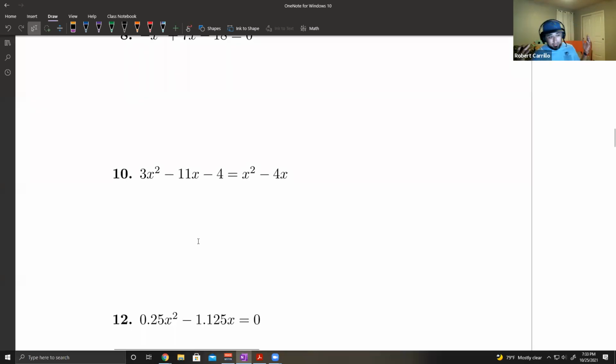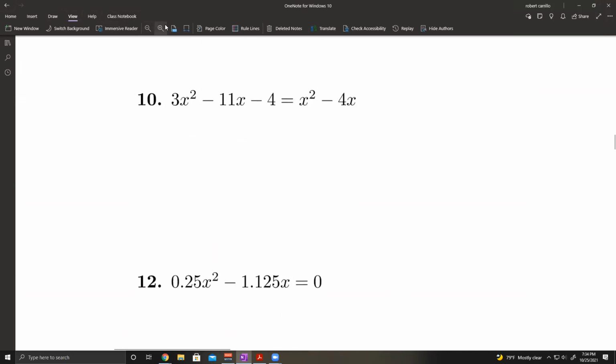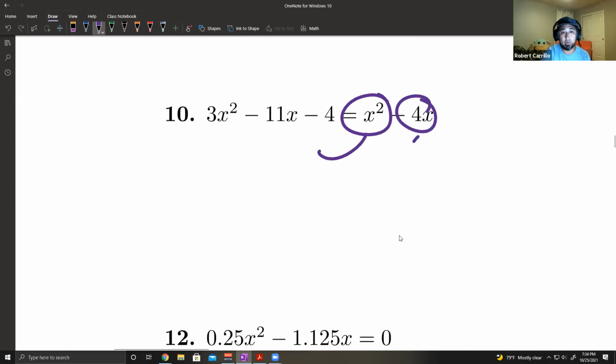Okay. 10. So you have 3x squared minus 11x minus 4 equal to x squared minus 4x. And is this in the proper form? No, there needs to be 0 on the right side. So this means that the x squared and the 4x both need to move over to the left side.